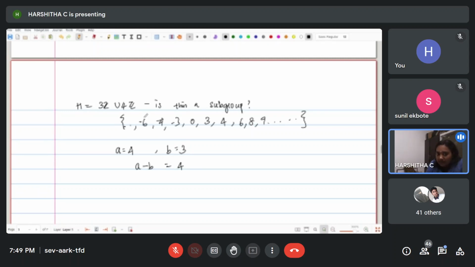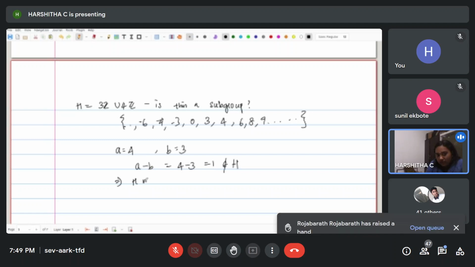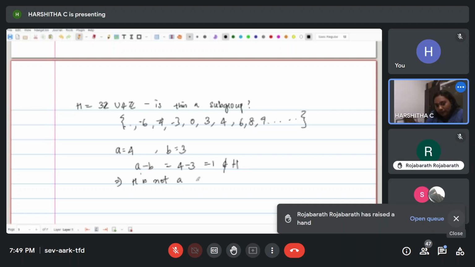Again, we're looking at the inverse in the operation here, which is 4 minus 3, which is 1. Does 1 belong to the set? Is 1 a multiple of 3 or a multiple of 4? No, it's neither. So 1 does not belong to H, which gives that H is not a subgroup.